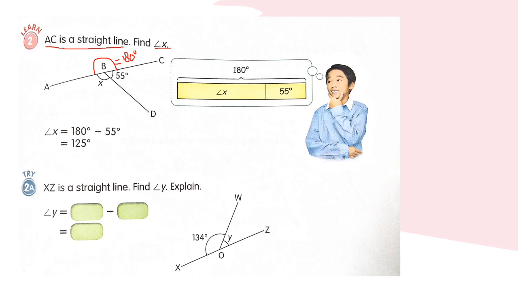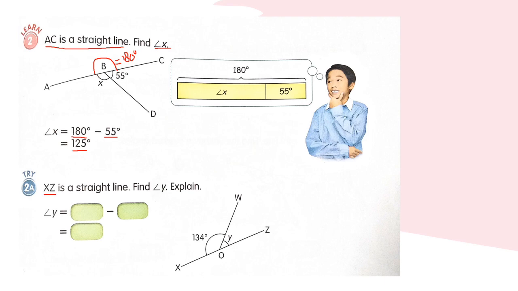Kalian sudah punya total sudutnya 180. And then you need to minus with the known angles. Kalian kurangkan total sudutnya dengan sudut yang diketahui, 55. And then you get it 125 degrees. Okay? Then how about this questions?